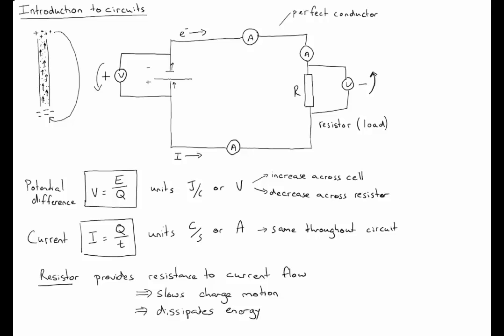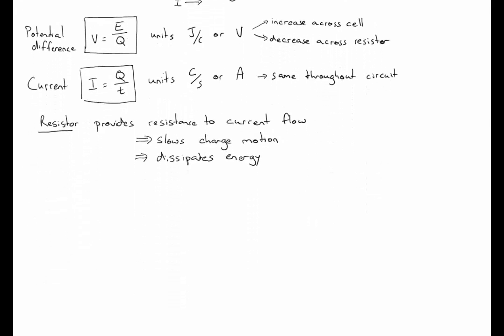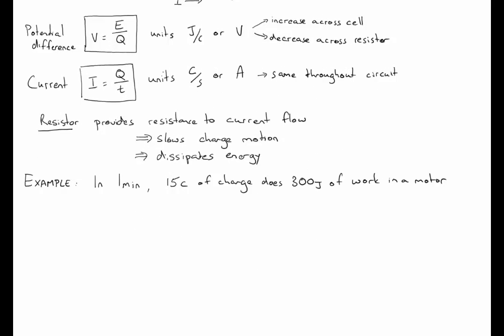So I've just got a quick three-part example to talk to you about. I'll just move that up there. So our example is, in 1 minute, we have 15 coulombs of charge doing 300 joules of work in a motor. It could be in a resistor or a lamp, it doesn't matter. So the first question that you need to calculate is what is the current flowing in that circuit.